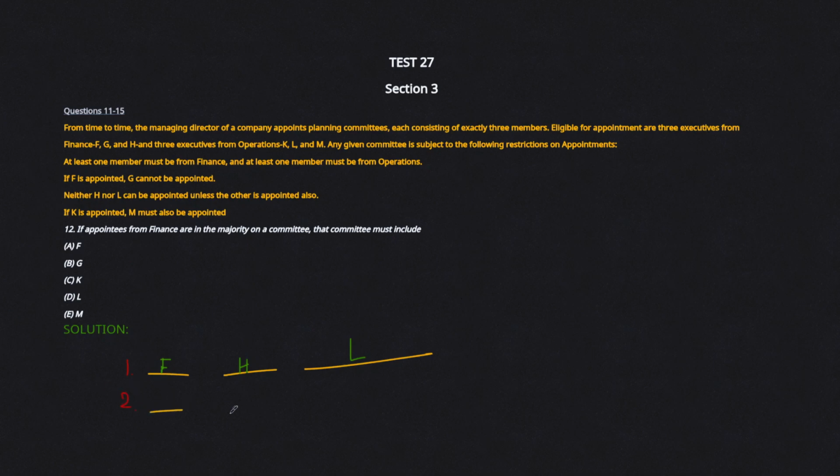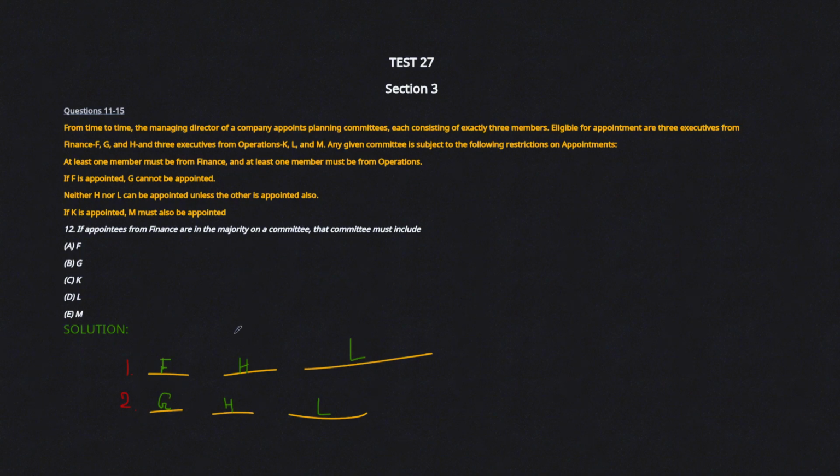And now we're moving on to the second case. In the second case, we will consider G instead of F. Let's consider G, and let's consider H, and then we will have L. So these are the two possible scenarios in favor of finance having the majority within the committee.